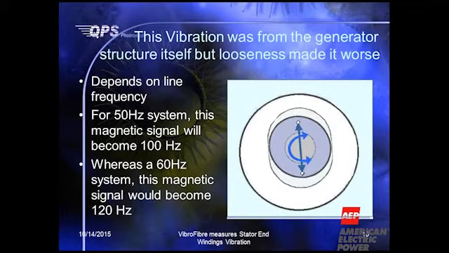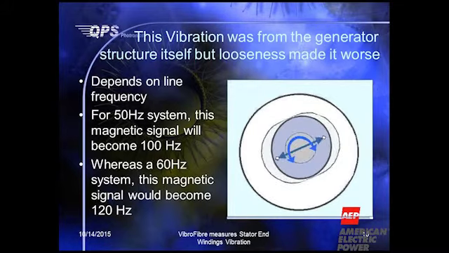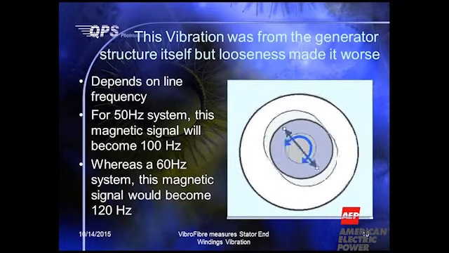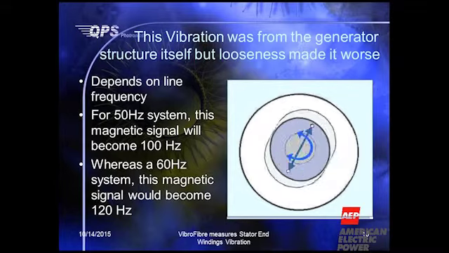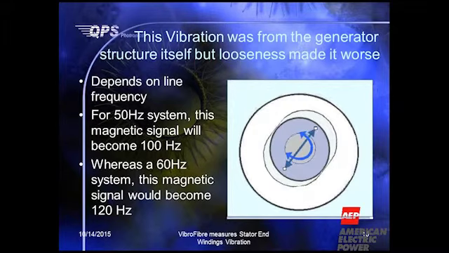And let's say that there is any bit of misalignment, so the air gap might or might not be uniform, so the forces are not balanced throughout the rotation. For a two-pole generator, the rotor will pass through the stator twice. So it generates a vibration which is fundamentally 2 times line frequency.